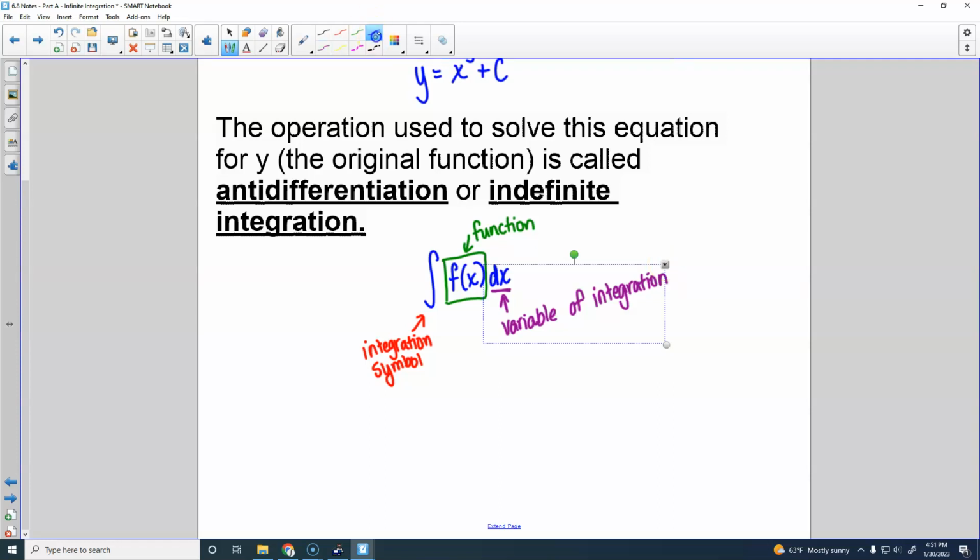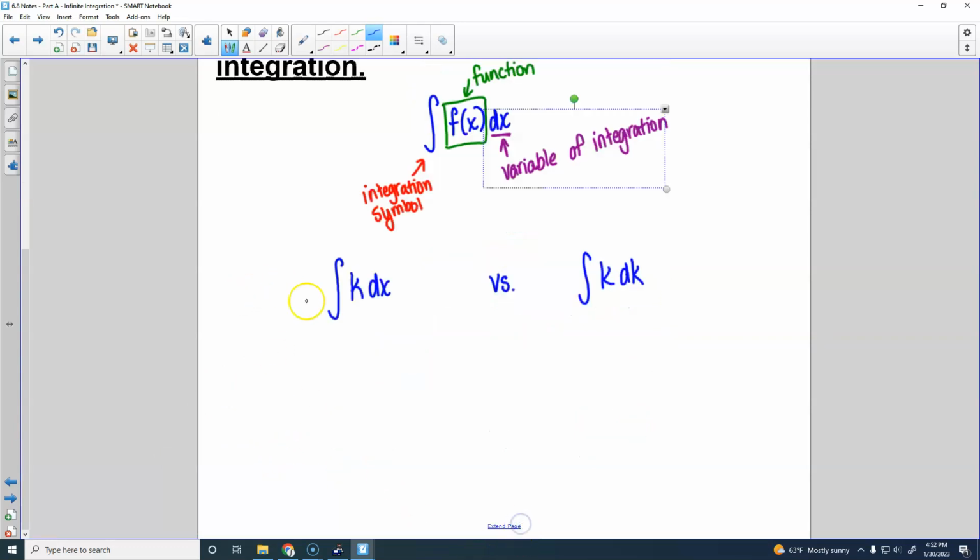Let me give you a couple of examples that look almost the same but are going to be different. So if I am integrating k dx versus integrating k dk. Okay, so the first integral that I see here tells me that I'm integrating k and that x is my variable of integration.